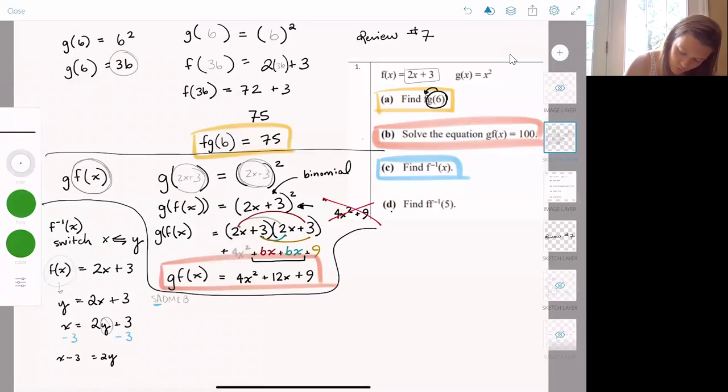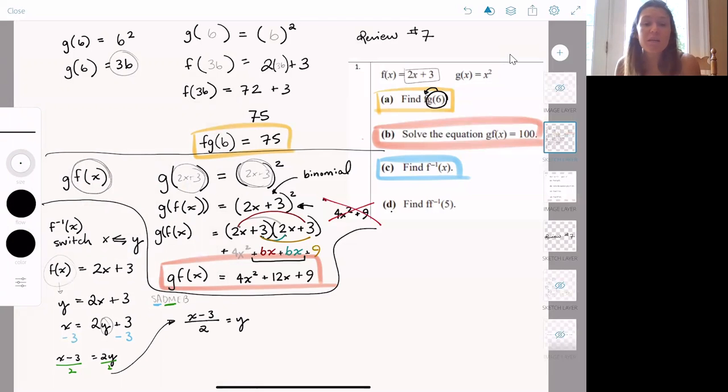Now I want to divide or multiply. So I'm going to divide both sides by 2. And it gives me, sorry, I'm running out of room, so I'm just going to bring it up here. x minus 3 over 2 equals y. Well, now what we can do is we can change this y back to a function, right?